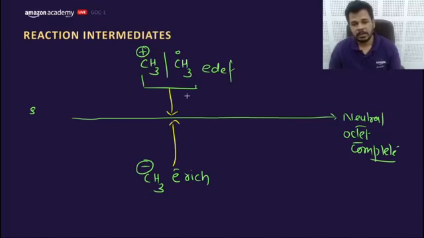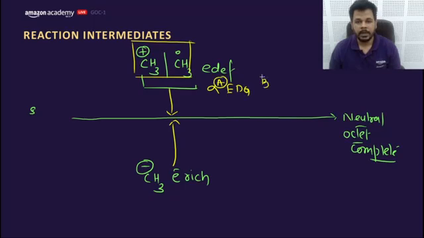Who can stabilize carbocation and carbon free radical? Is their stability directly proportional to A, electron donating groups, or B, electron withdrawing groups? Carbocation and carbon free radical are both electron deficient.